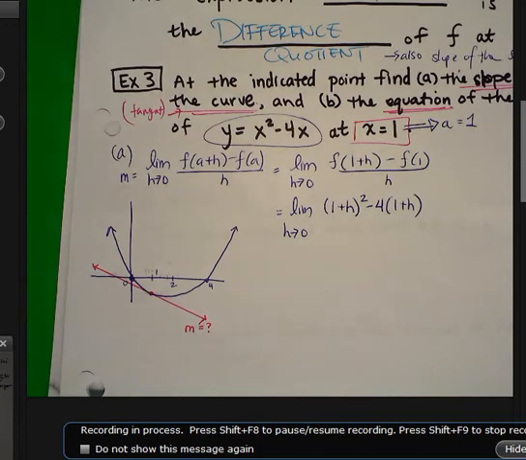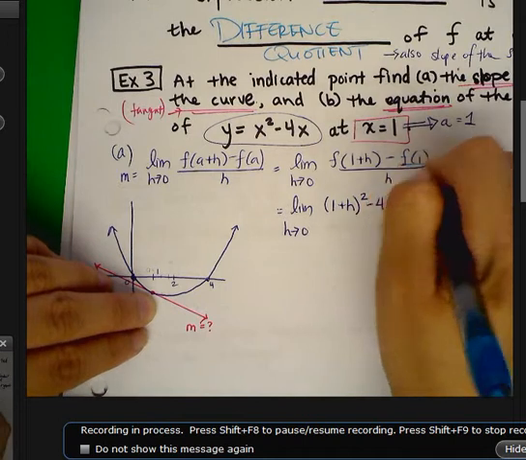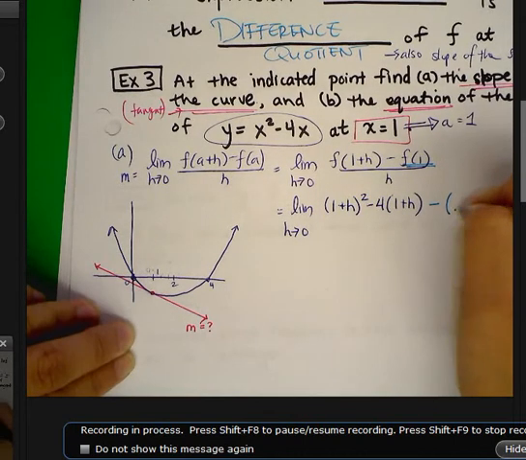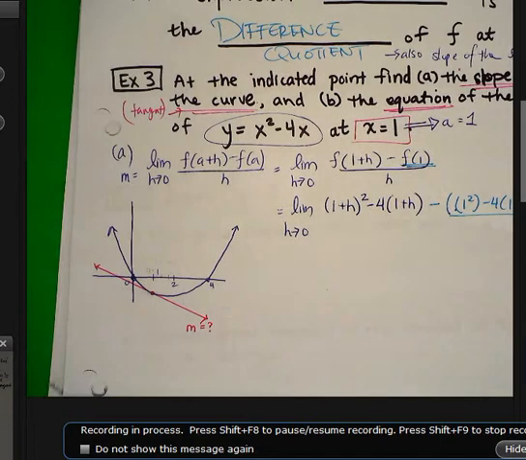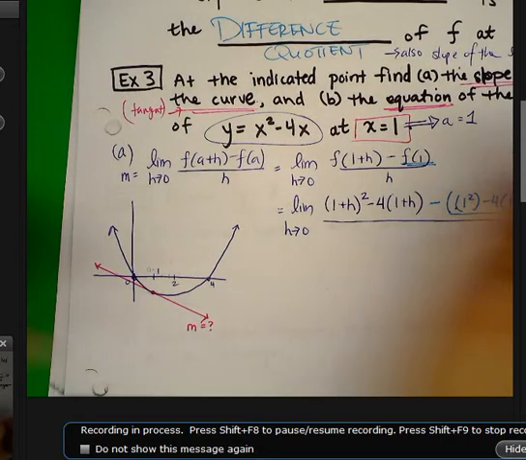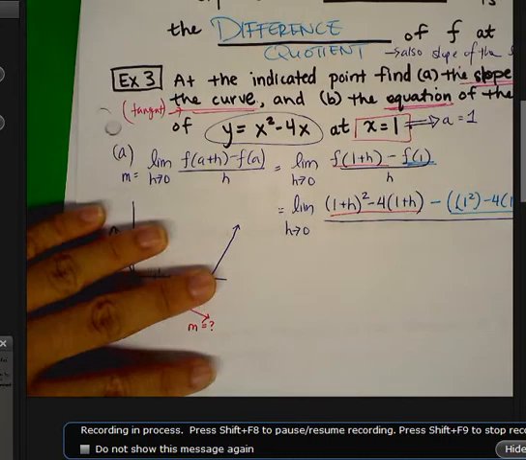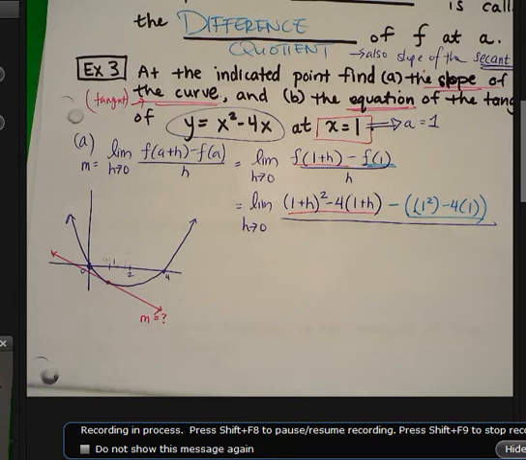Minus 1 squared minus 4 times 1. So whatever the argument is, you put into the x, right? So do you see how this is, we'll write this down first, all under h?